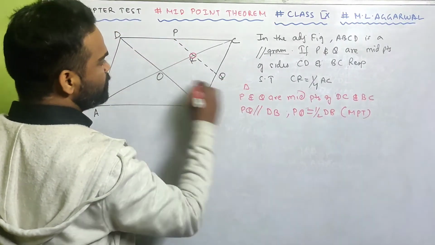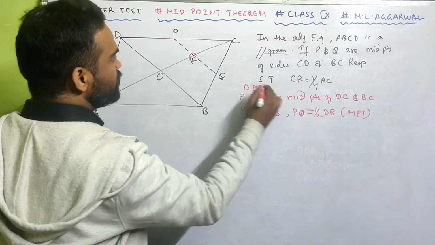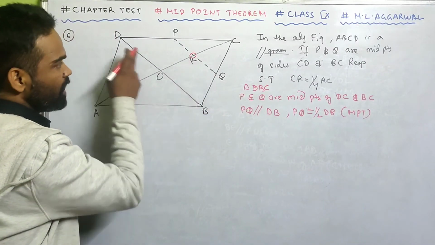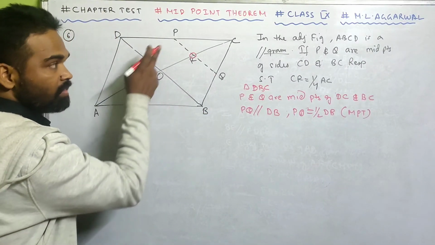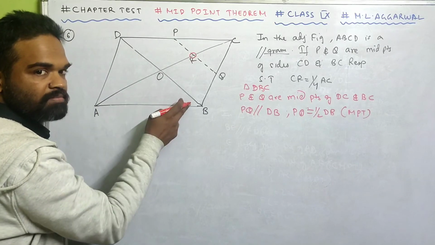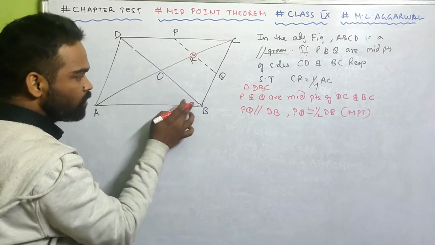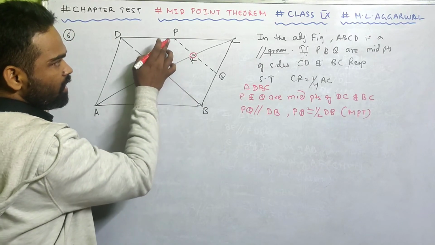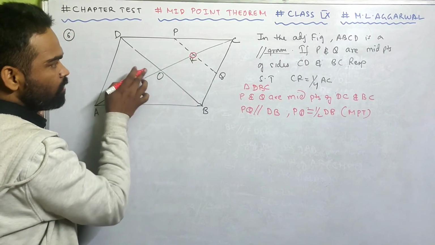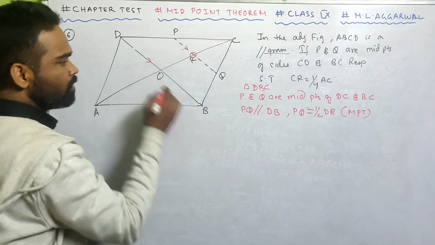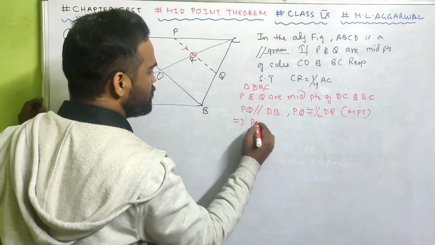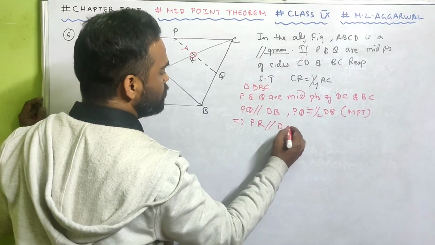In triangle DBC, this will be half of BD and this will be parallel to this. Now look, if PQ is parallel to DB, then can I say that PR is parallel to DO? Same thing, which implies PR is parallel to DO.